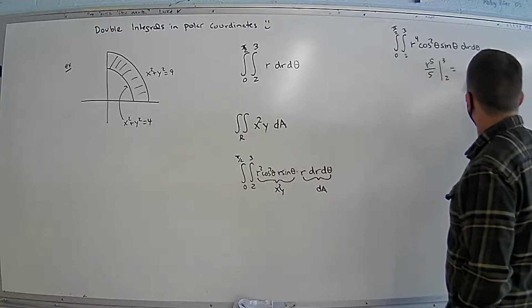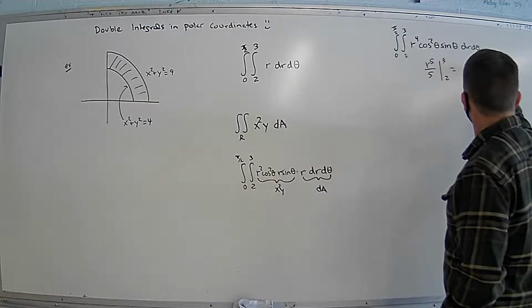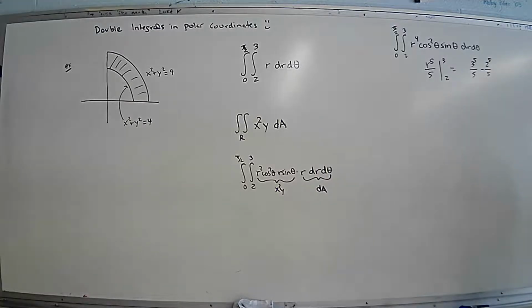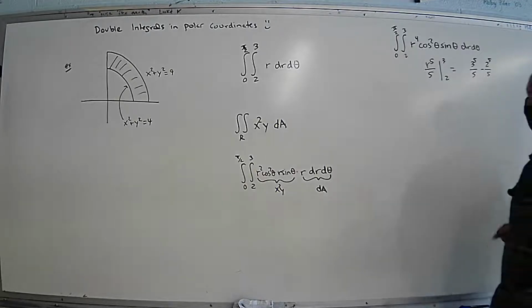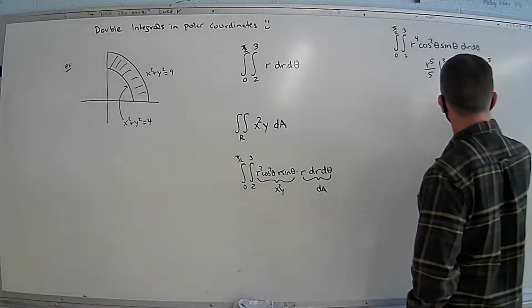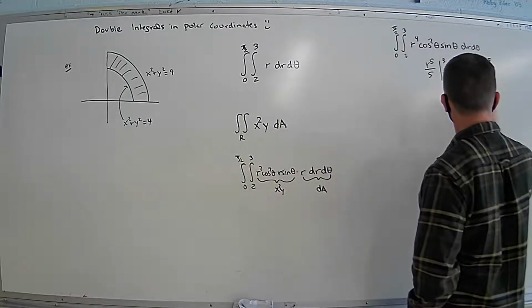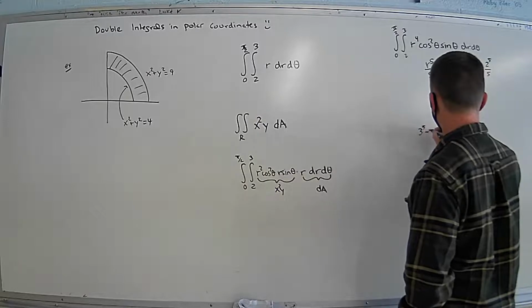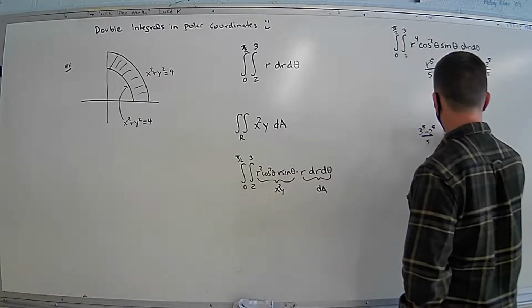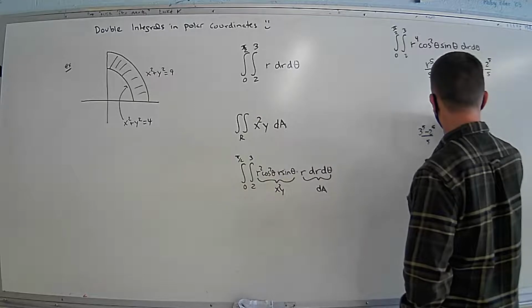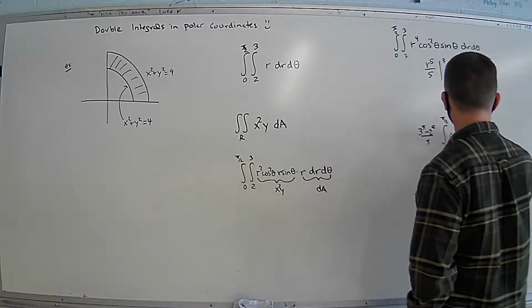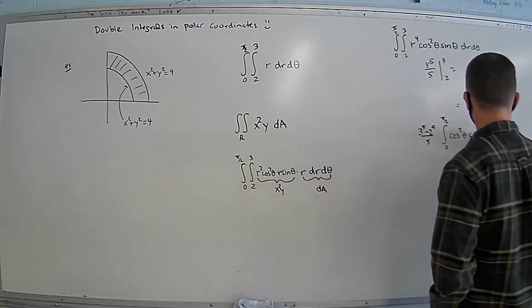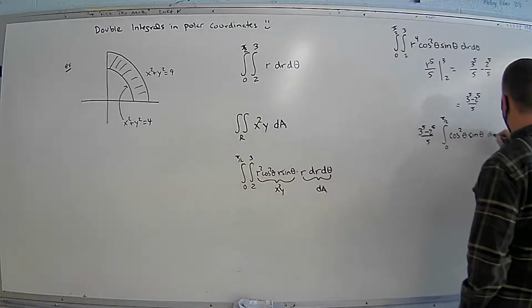So 3 to the 5th over 5 minus 2 to the 5th over 5. That's 3 to the 5th minus 2 to the 5th over 5. So I'm going to pull that out. And now I've got to integrate from 0 to pi over 2 of cosine squared theta sine theta d theta.